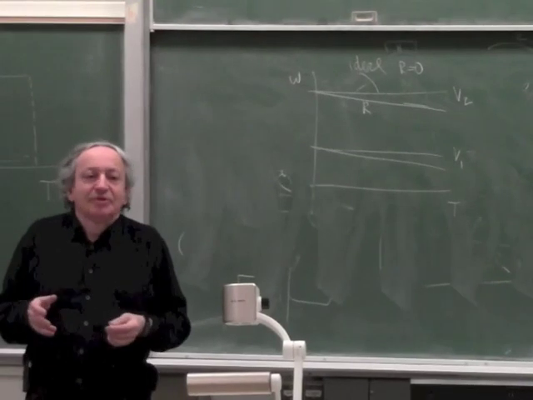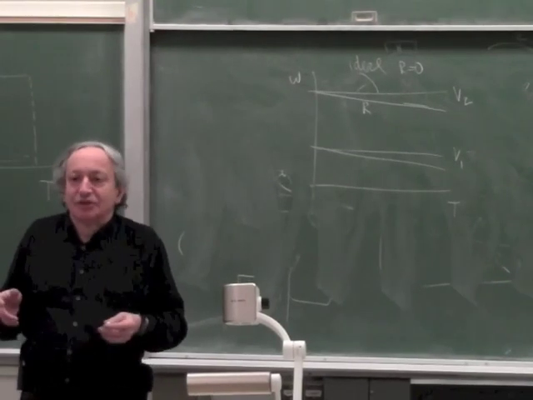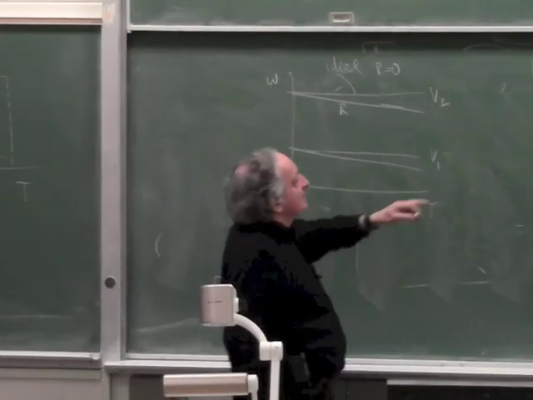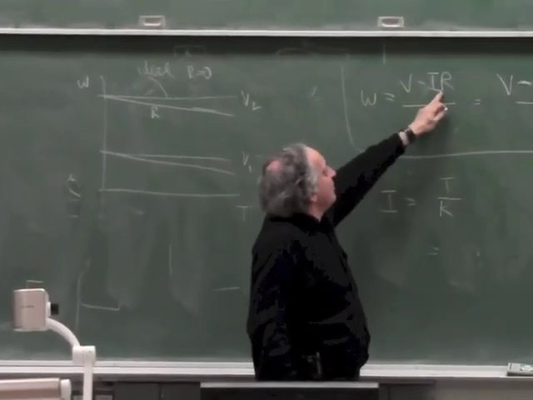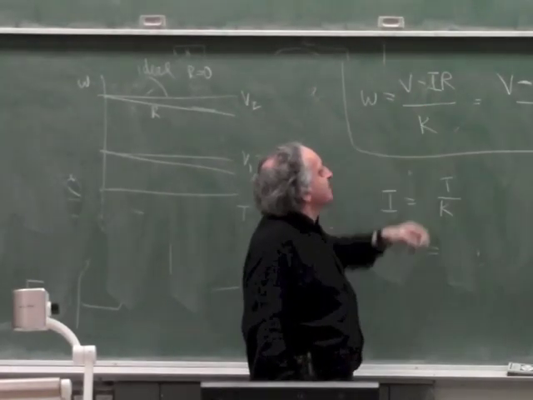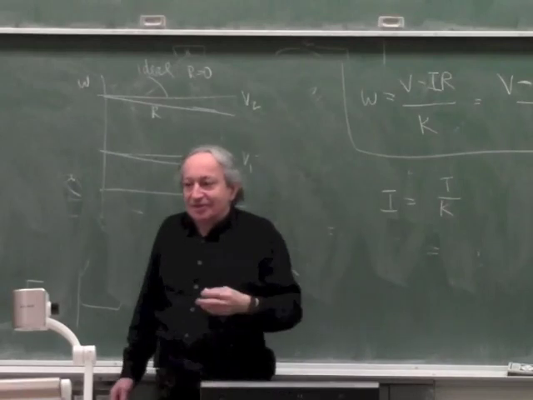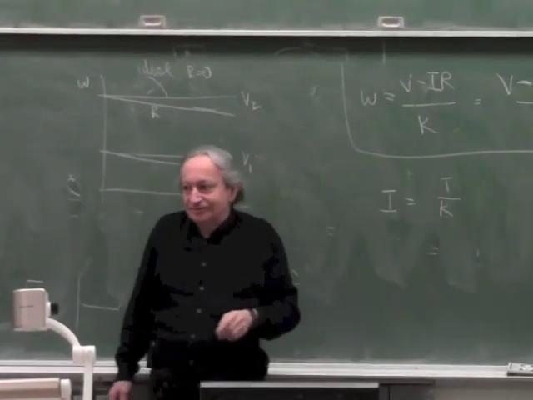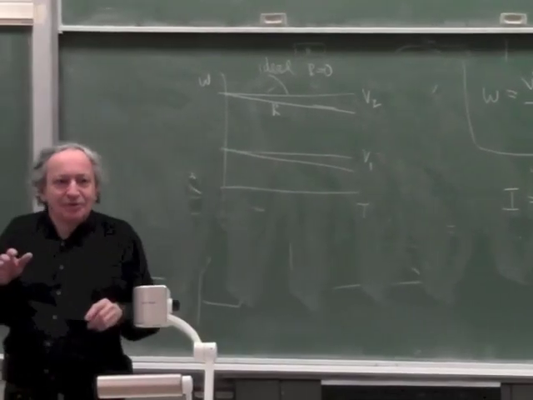Typically a DC motor, a big one is 90% efficient, a small one is 70% efficient. So I know that this term has to be much smaller than this term, because this term represents the losses, and this term represents the work. Okay? Is that clear intuitively to people?